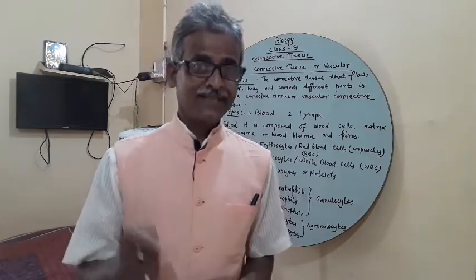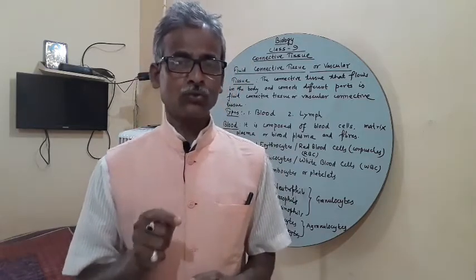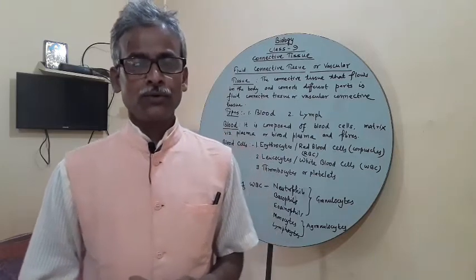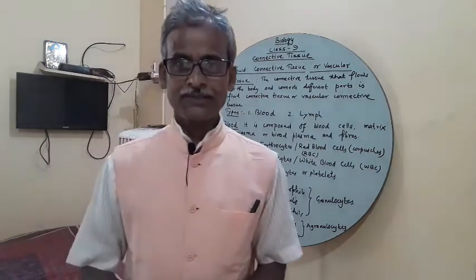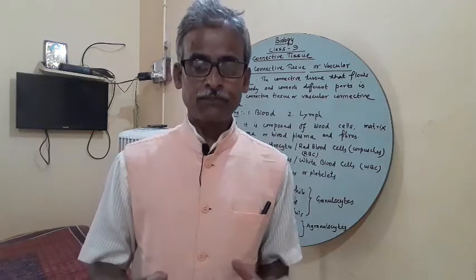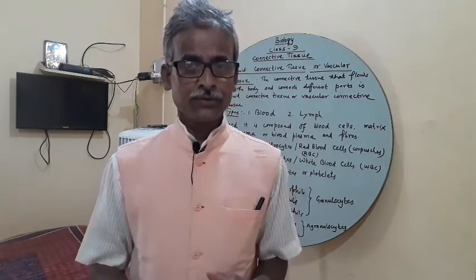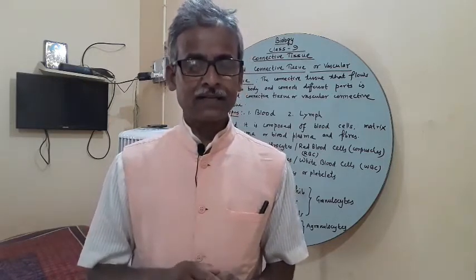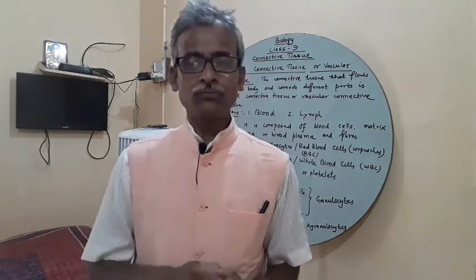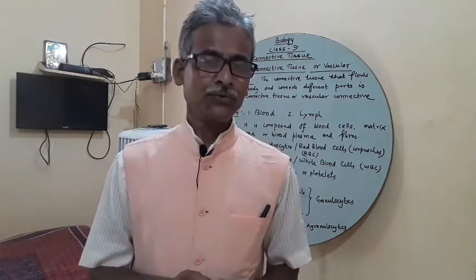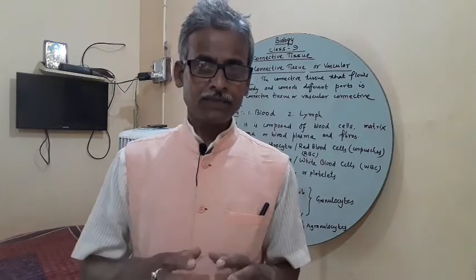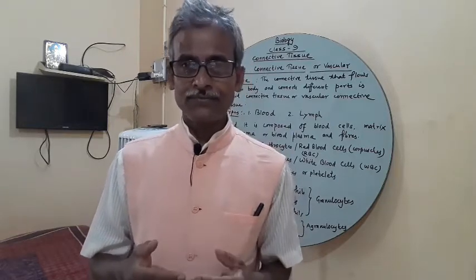Besides, these have also a major role when a person is in trauma, in a very sick position, because when the platelet count falls down, we become endangered, our life is in danger.